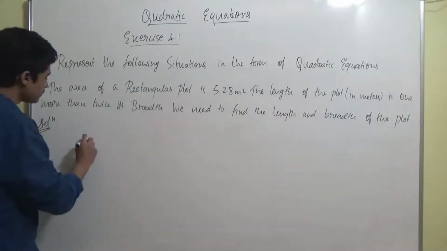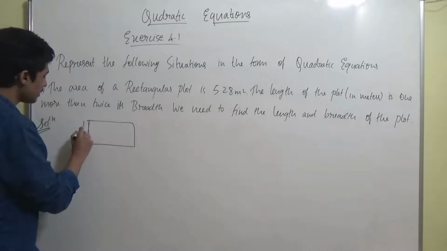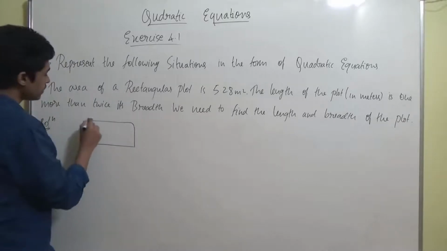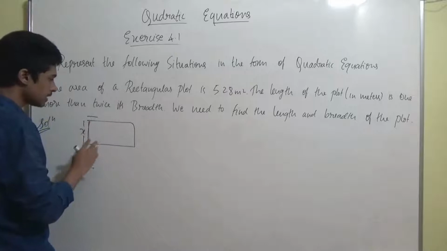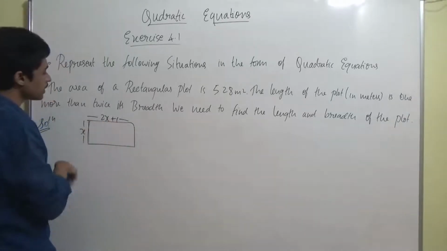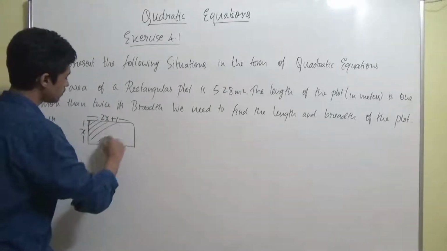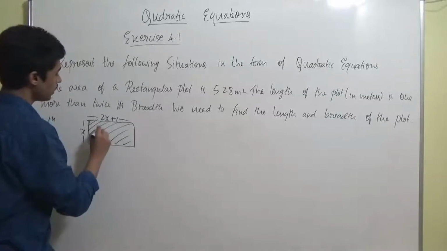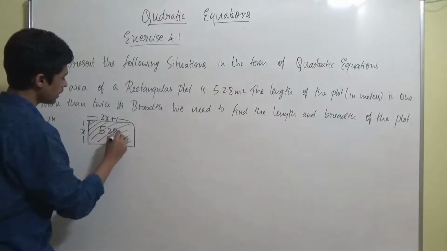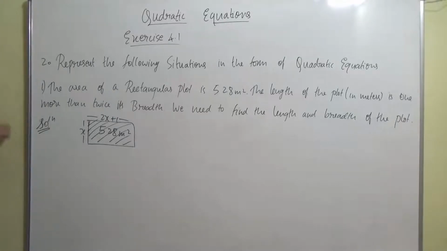So first, what do they mean by this line? They're saying the breadth is x, so the length is going to be 2x plus 1. 1 more than twice, getting it? And the area is 528 square meters. That's it, guys. Now you have to form the quadratic equation. How will you do it? Length into breadth equals area, as simple as that.